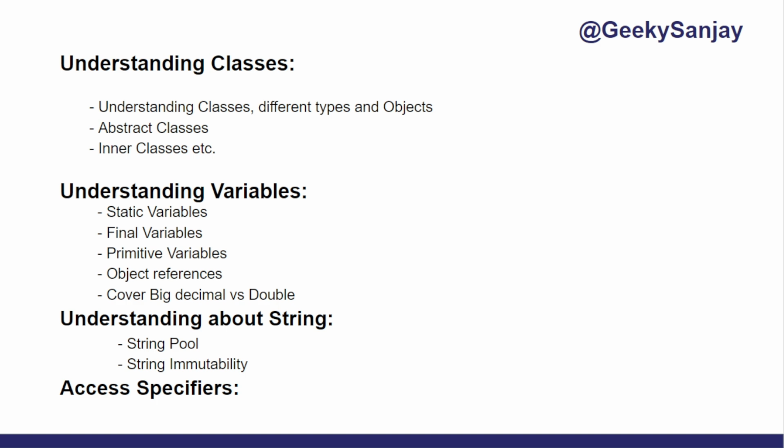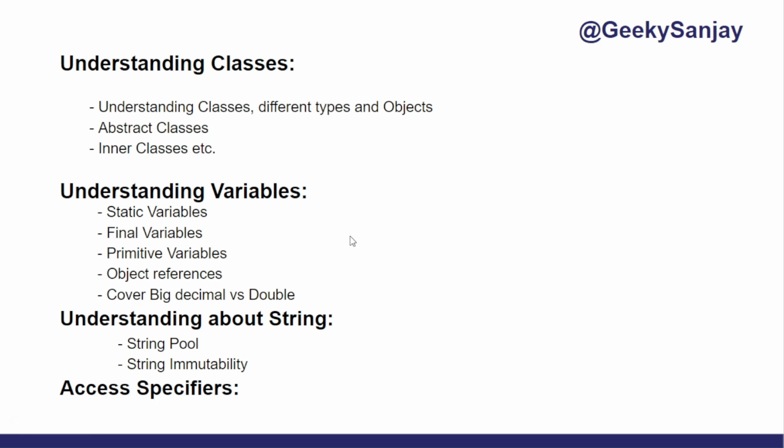So final means final. Primitives, as we know, like int, are copied by value. These are all called primitive variables. And an object reference, like collections, arrays, and lists, all come under object reference because they are just connected with the reference, not with the value.